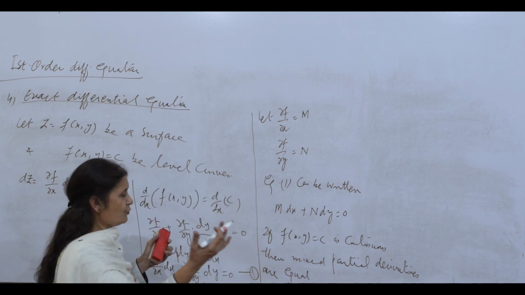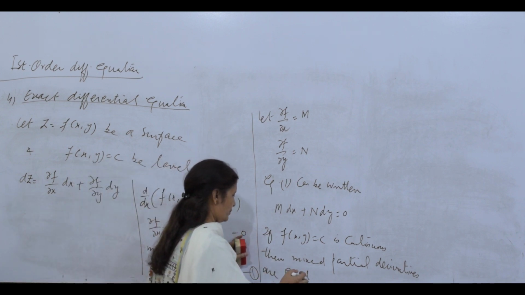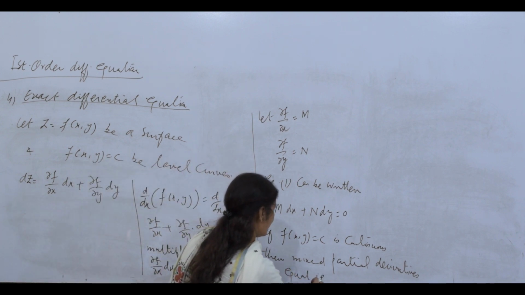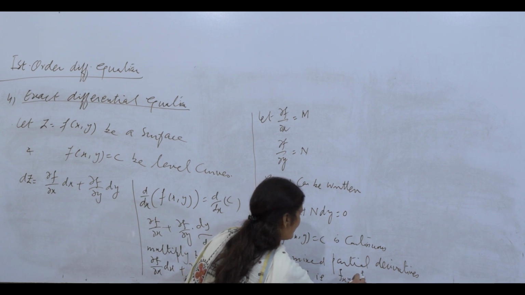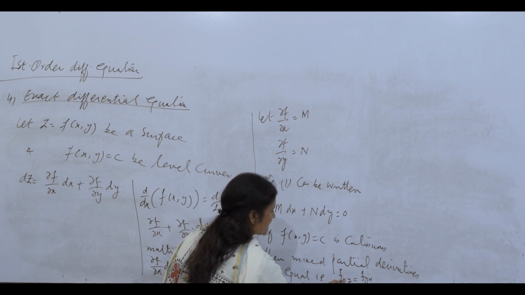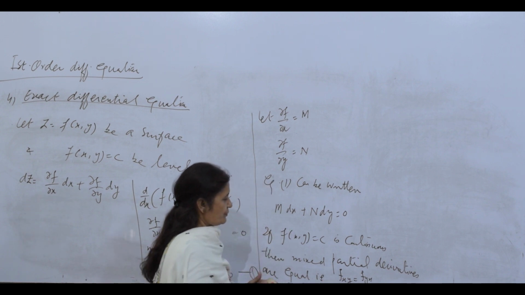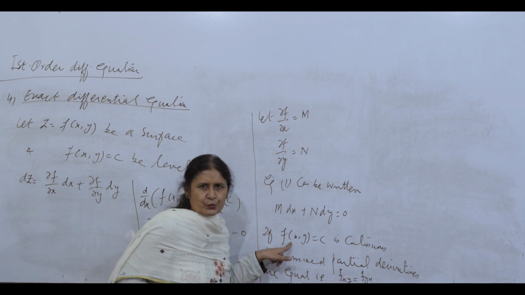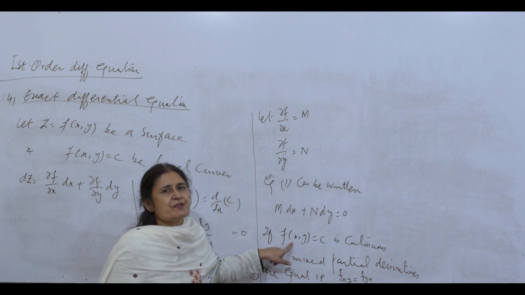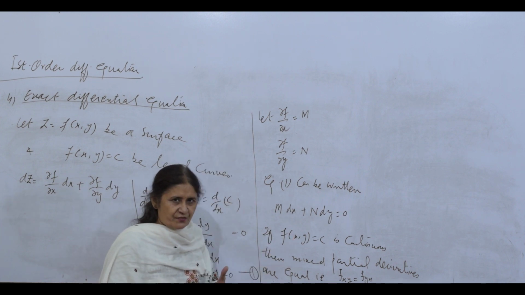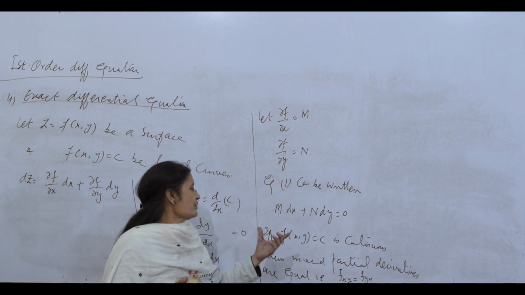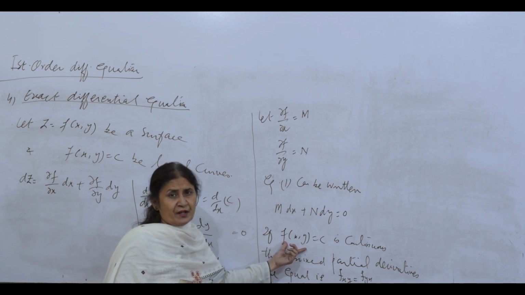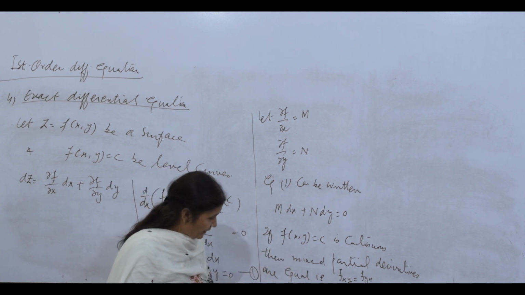These level curves are continuous, so the partial derivatives are equal, that is f_xy is equal to f_yx. These are mixed partial derivatives. If you are differentiating with respect to x first, the answer whatever you are getting must be equal to the answer when differentiating with respect to y and then with respect to x.